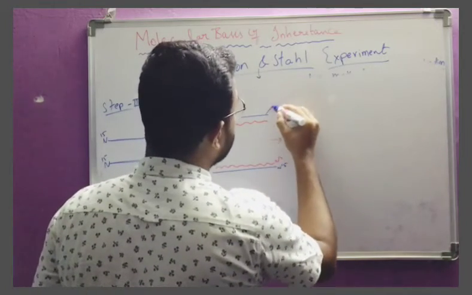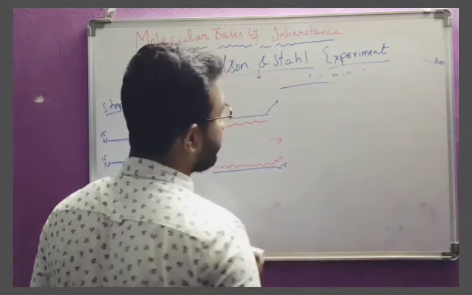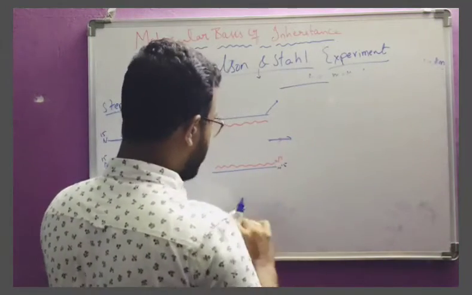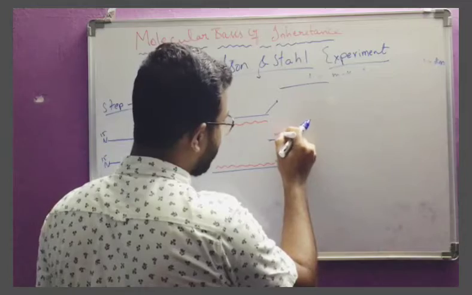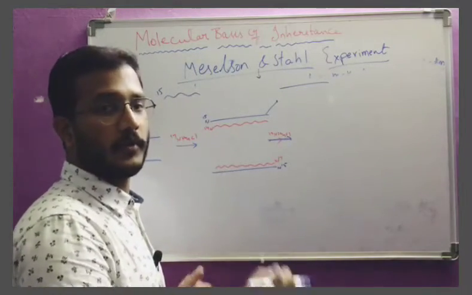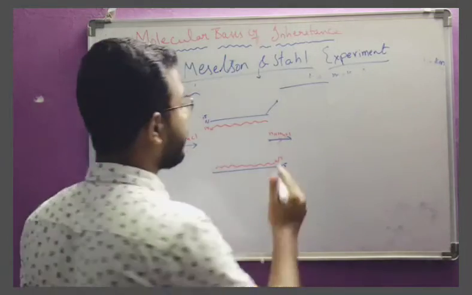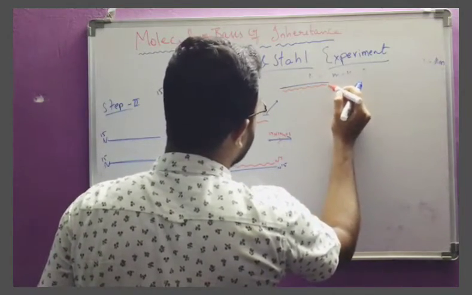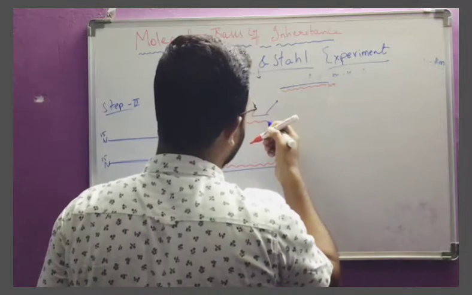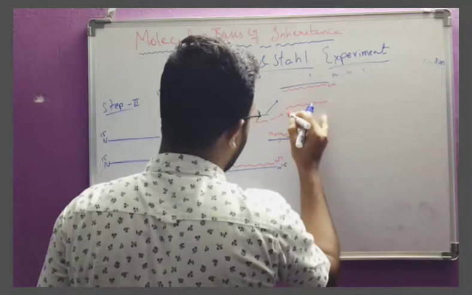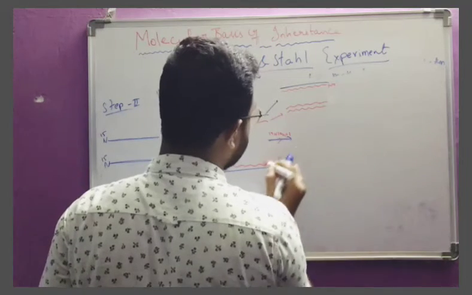Now this strand acts as a parent strand, and again it is present in the new medium only, NH4Cl 14. So again the bacteria is incorporating more N14. So here again a new strand will come with N14, and now this strand, automatically the new one will come.